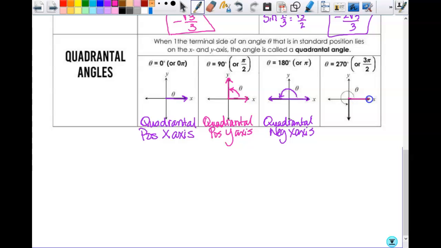All right, so if you end up here, then it is quadrantal. And we're on the negative y-axis. So if you can't answer the question because it's one of those, then that is the answer. Okay, does that help? All right, we all good so far? Yes? All right, flip it over.